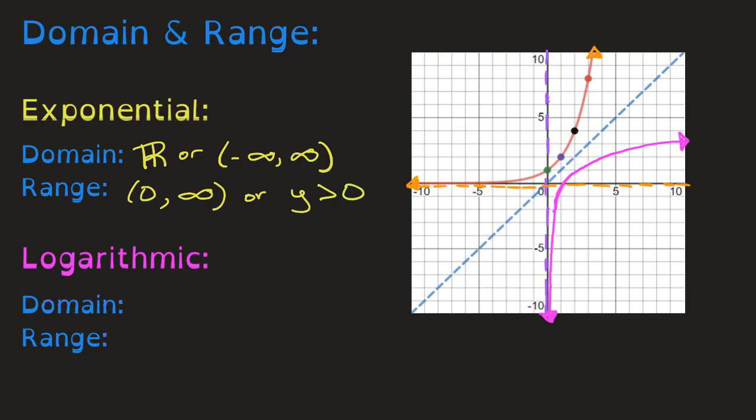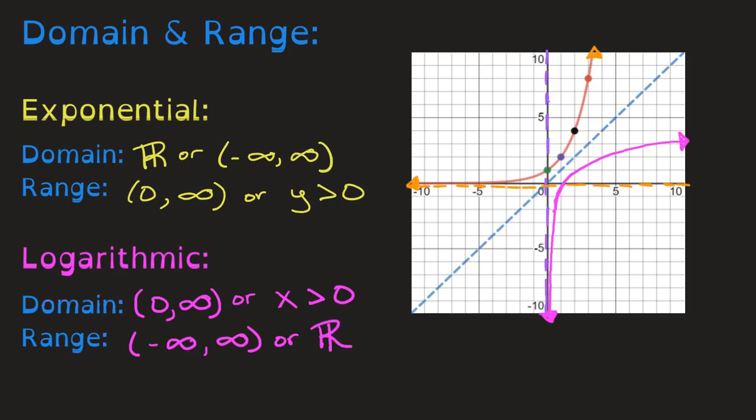Now our logarithmic function domain is now restricted with our vertical asymptote, which means that we're going to have 0 all the way to positive infinity, or you could say x is greater than 0. And then our range in this instance will be negative infinity to positive infinity, or all real numbers.